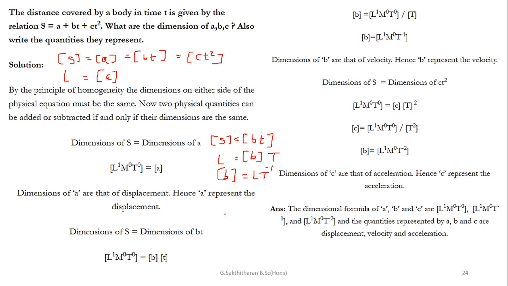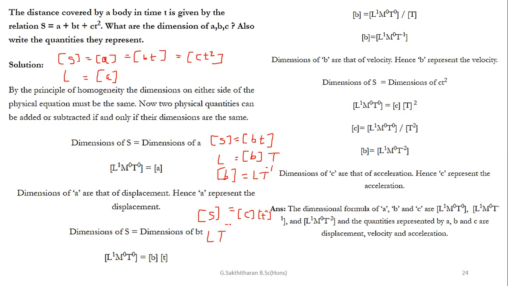Then C T square equal to S. So the dimensions of S equal the dimensions of C T square. The dimension of displacement is L and T to the power 2, so T to the power minus 2.